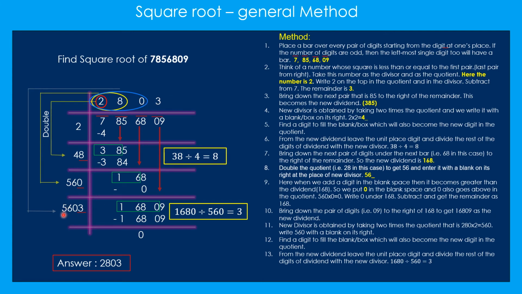So you do 5603 times 3, which is 16809. You subtract and you get the remainder 0. So your quotient here is 2803, and so the square root of 7856809 is 2803.